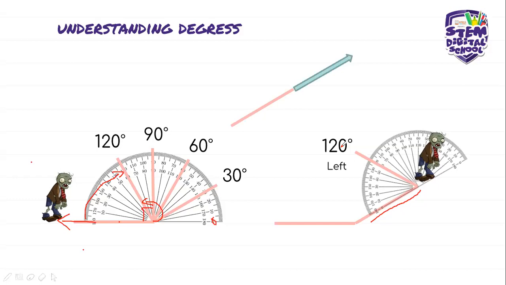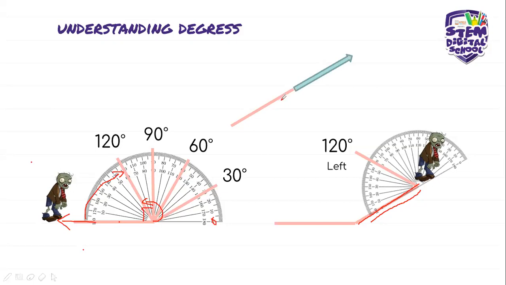Which way is our character facing? Which way is he moving? So in this case, if we look at this line over here, we turned 30 degrees and he drew this line over here. So this line here is this line over here. And our artist is facing that direction.